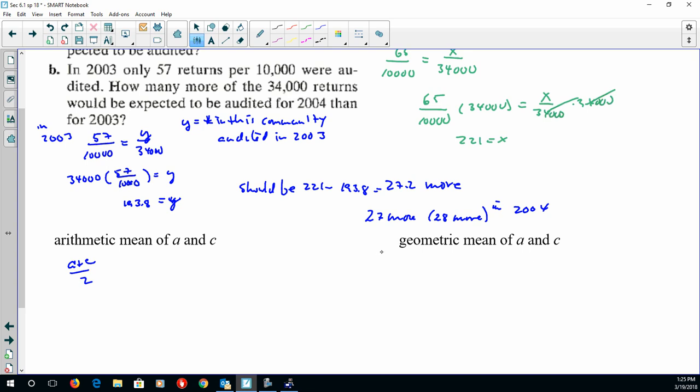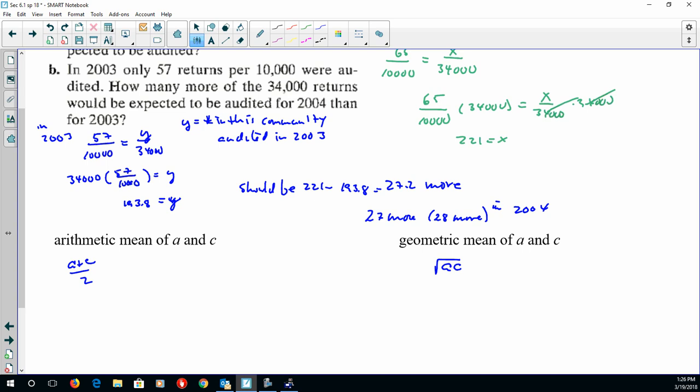Geometric mean is you multiply them and take the square root. So it's the square root of A times C, whereas the arithmetic mean is the average, the ordinary, the usual mean of A and C.